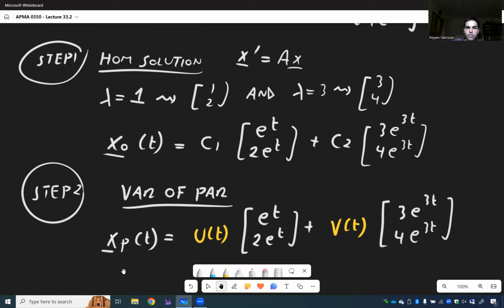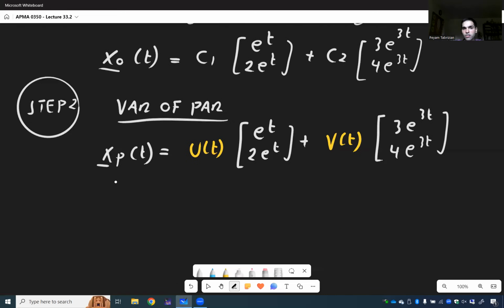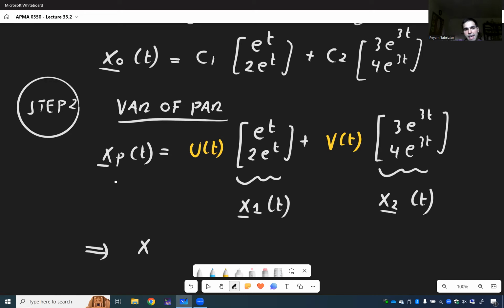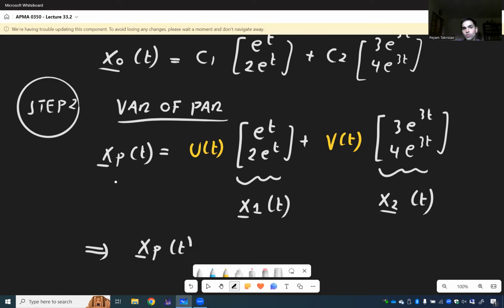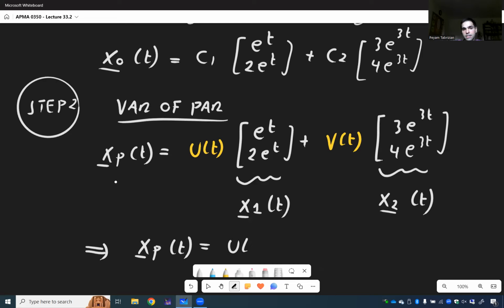And just in terms of notation, this first vector we'll call x1 of t, and the second vector we'll call x2 of t. So in the end, xp of t is u of t x1 of t, plus v of t x2 of t.